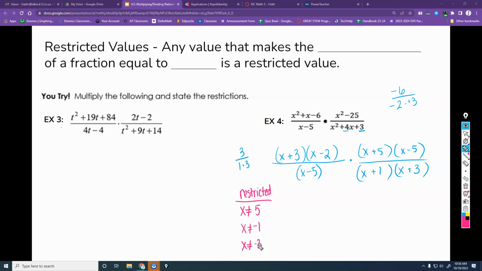Now we can cancel. I've got x plus 3 on top, x plus 3 on bottom. Those cancel. I've got x minus 5 here and x minus 5 on top. Those cancel. So I'm going to have on the top x minus 2 times x plus 5 over x plus 1.